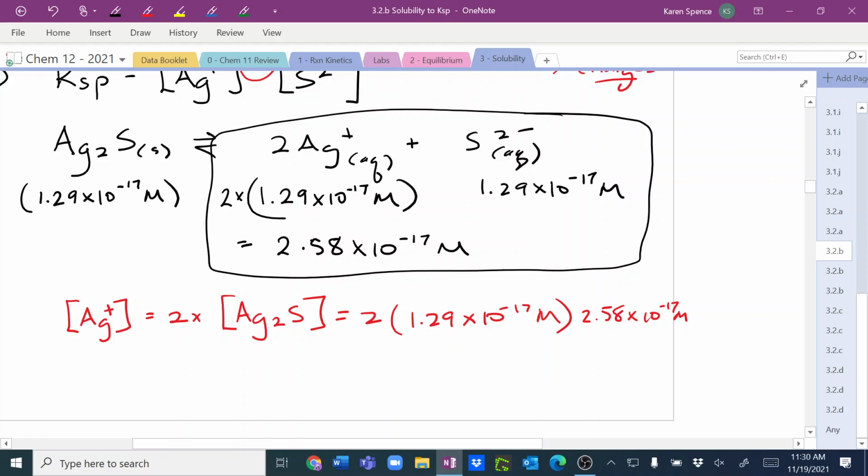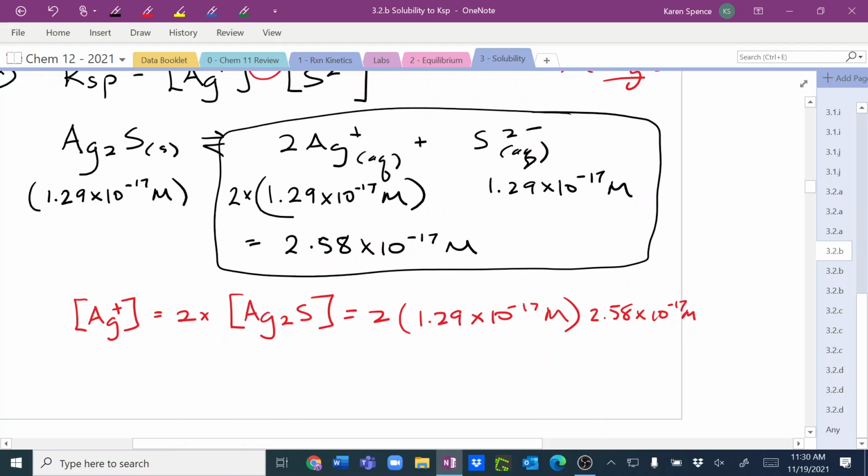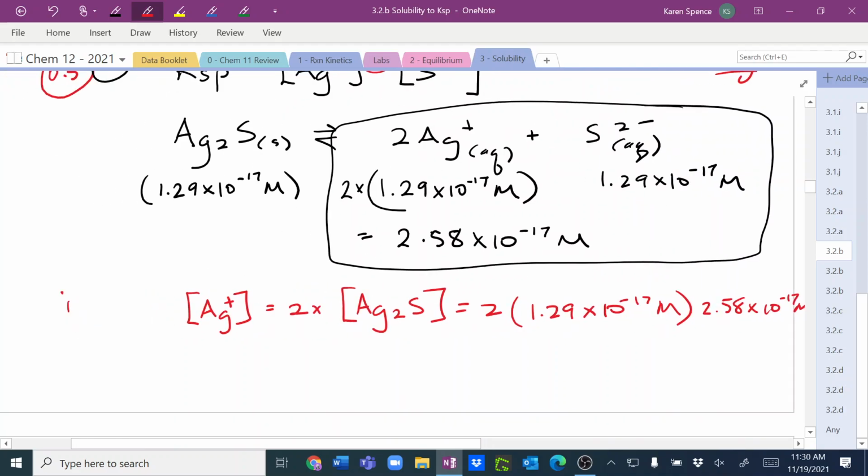So showing your ion concentrations and how you find them is worth 1 mark, okay? Maybe a half. Again, it depends on what the question's out of and whether I need it all to add up to a whole number. So sometimes I'll make things worth 1 and sometimes a half.